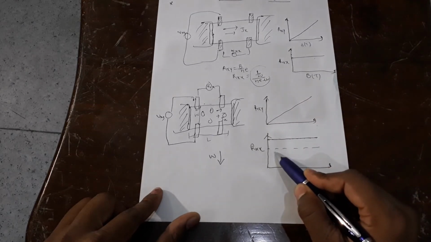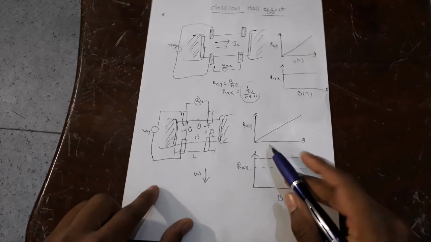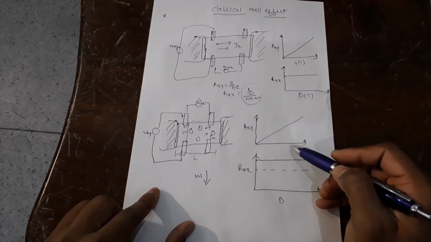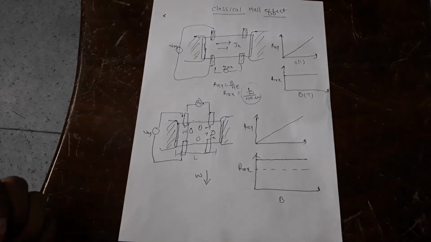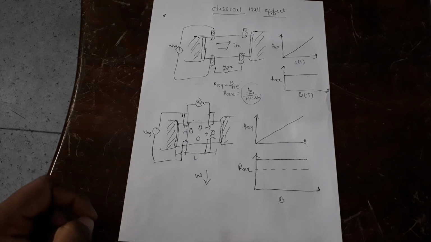This is the original without disorder, and this is with disorder, that is with punches. Now if you see R_xy, there is no change in that. So R_xy is geometry independent, a very good quantity to measure. It's not a nightmare for experimentalists. That's what makes R_xy very special. Thank you.